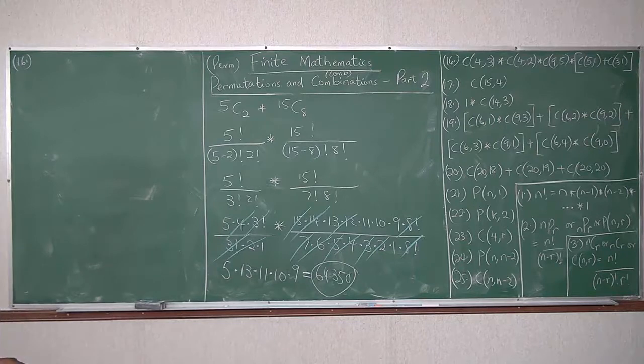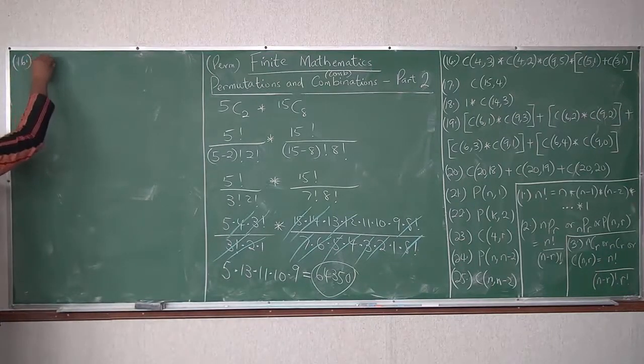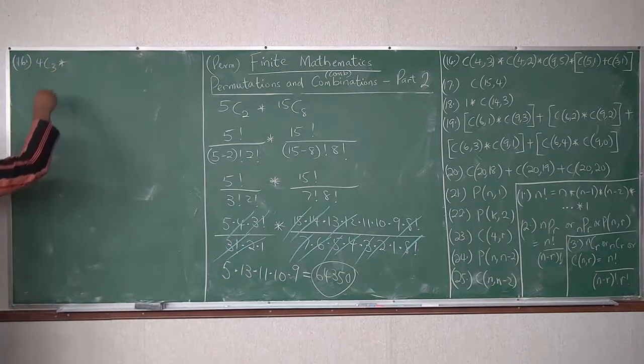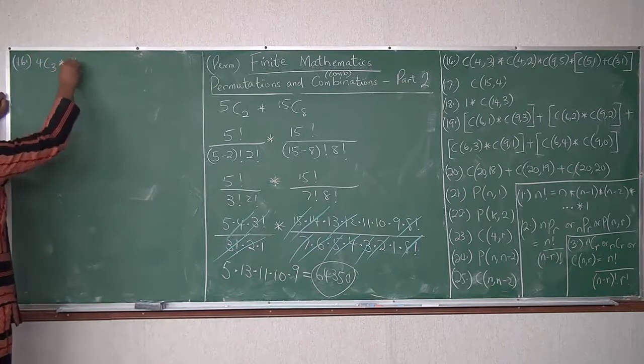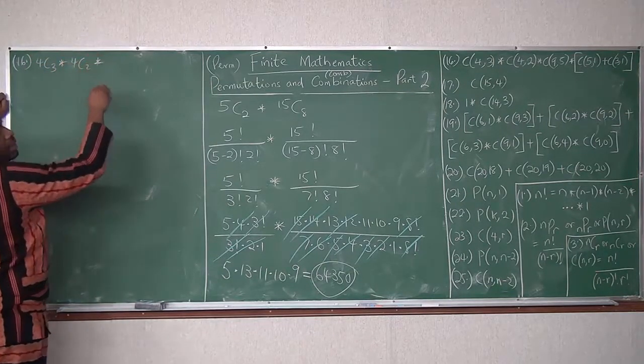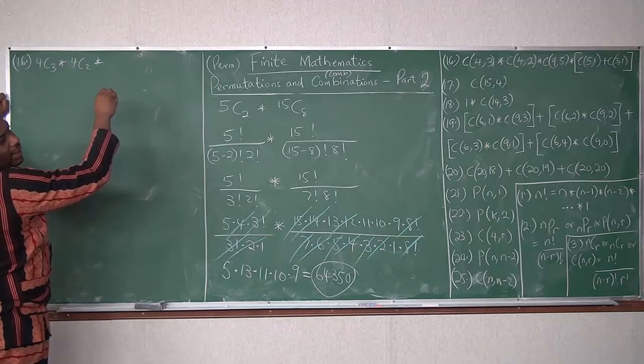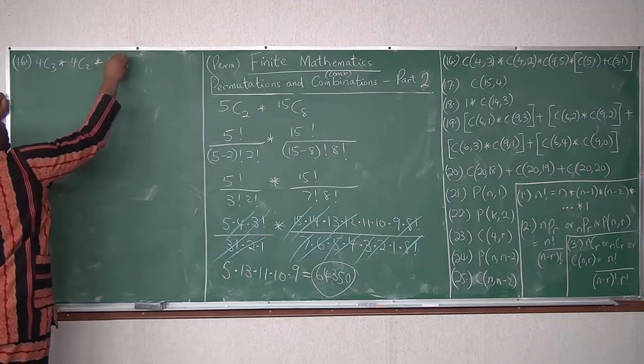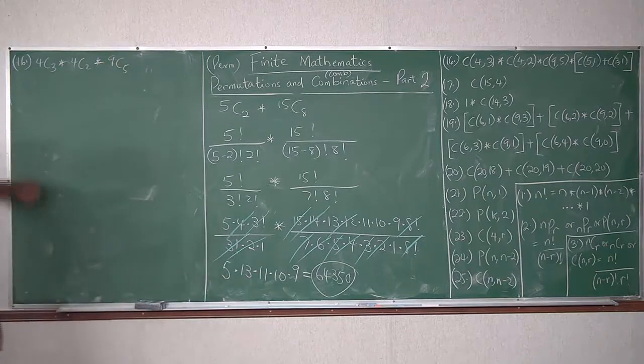So 4C3 times 4C2 times 9C5. Let's do that one first. I know that in PEMDAS you do the parentheses first, but let's fix this one first. It doesn't matter because that one will still be multiplication anyway.